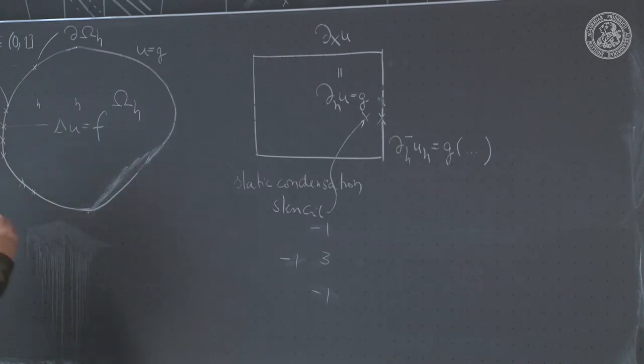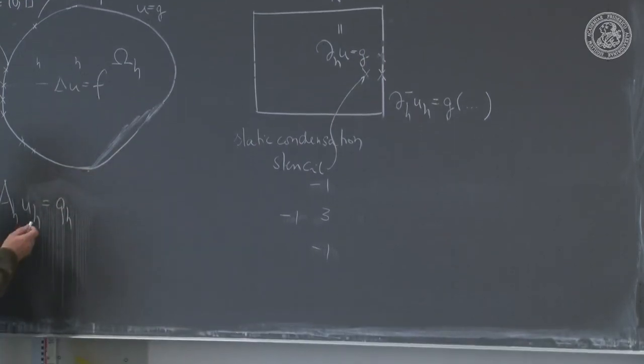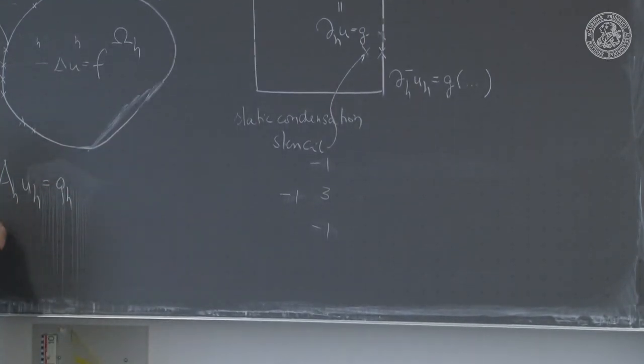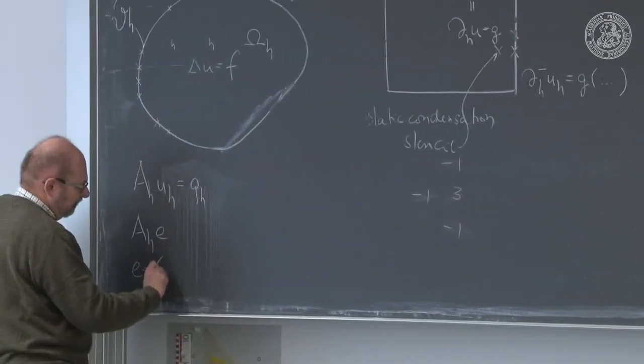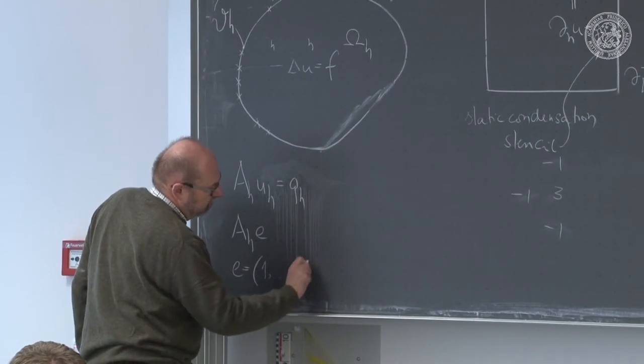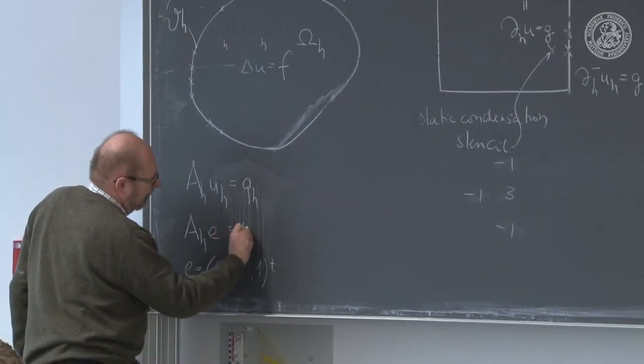So we have now the problem. We have a set of equations, and I write it in this way. If I multiply with a vector e, the vector which only has entries 1, then I get a 0.